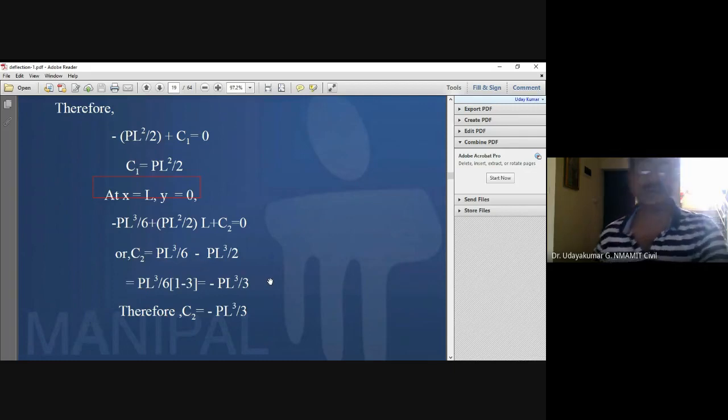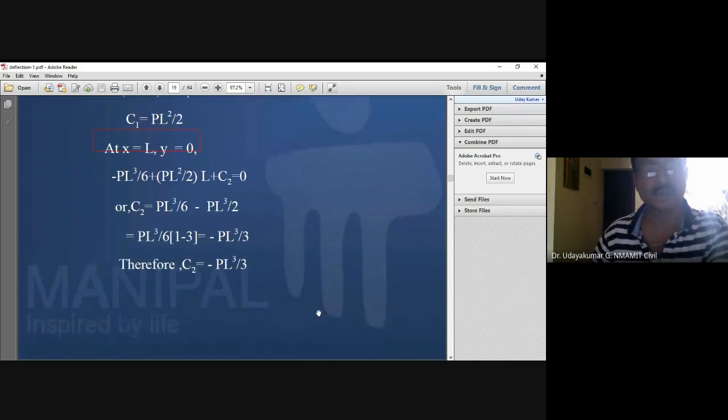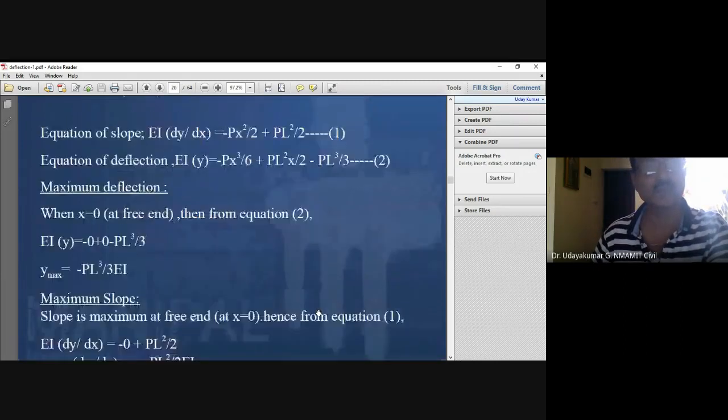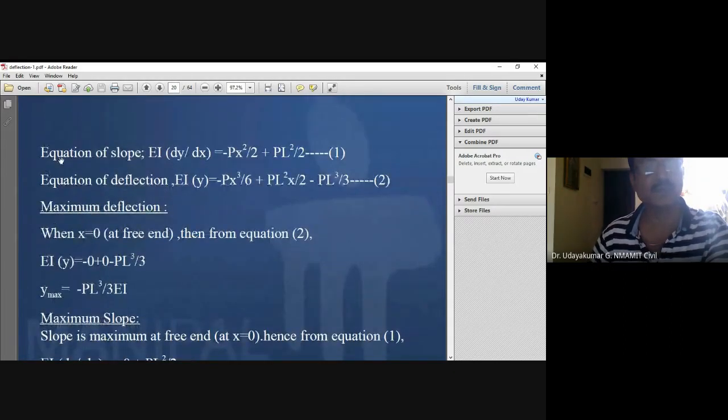And remember, whether it is cantilever or simply supported beam, you get C2 negative here. In case of simply supported beam, the value of C2 is 0, and C1 becomes negative. We'll see that.